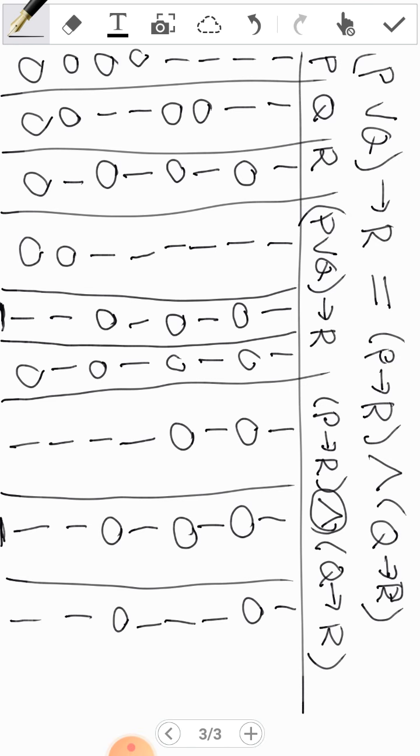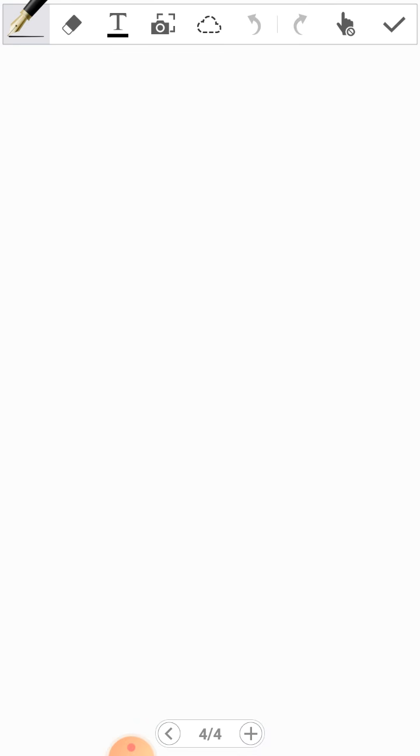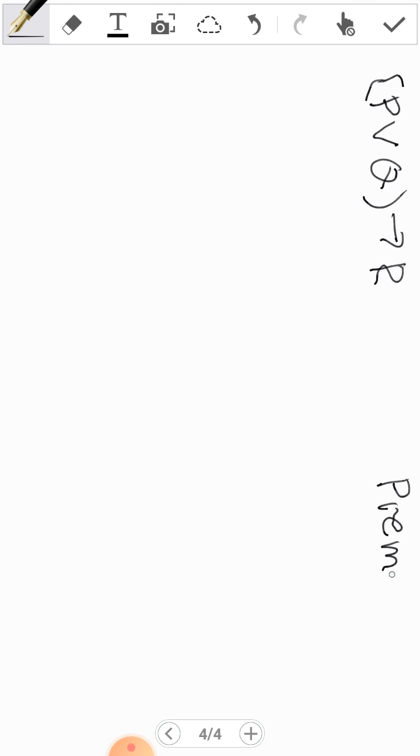Now, let's do the second approach. The second approach will now be using our rules of replacement. So, how do we write it again? So, we consider the left side, P or Q implies R as our premise.